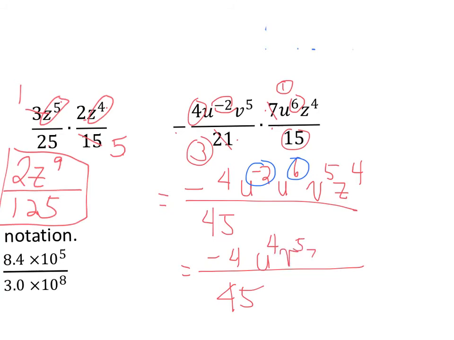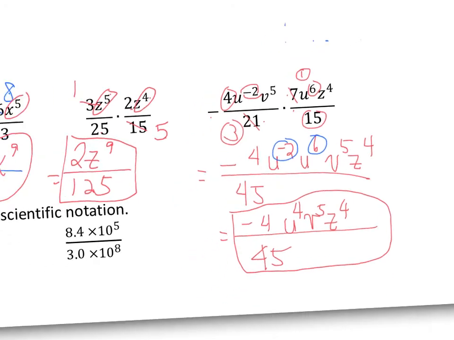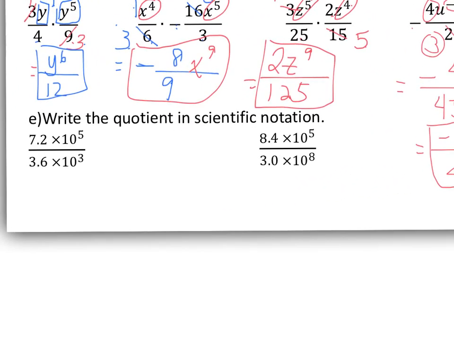Okay, and we want to leave our answer with only positive powers unless I ask you to leave your answers with negative powers, okay? So just assume that whenever you get these problems from now on, you need to change your exponents to positive powers, okay?